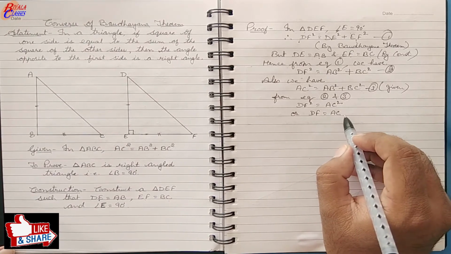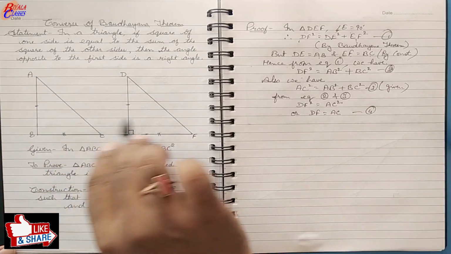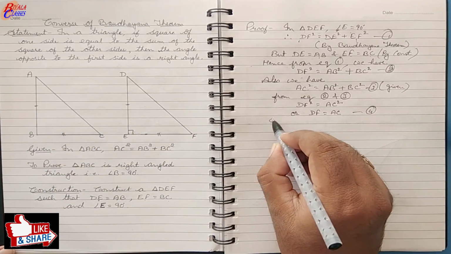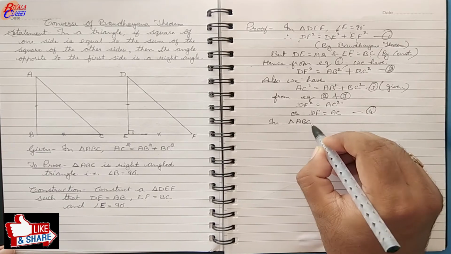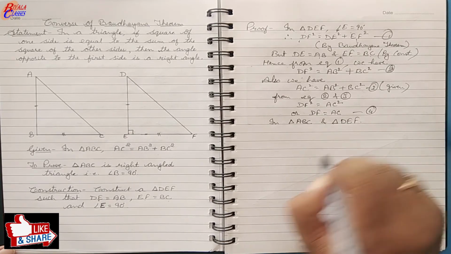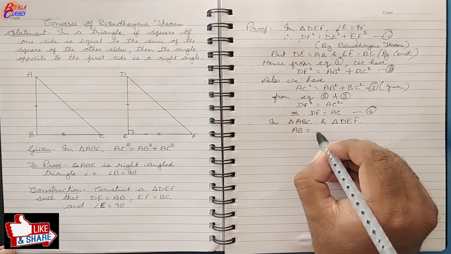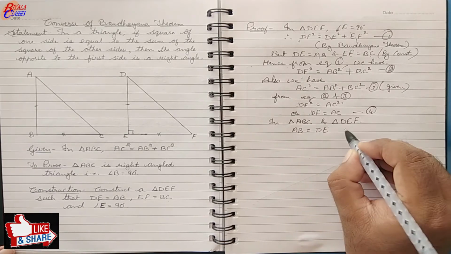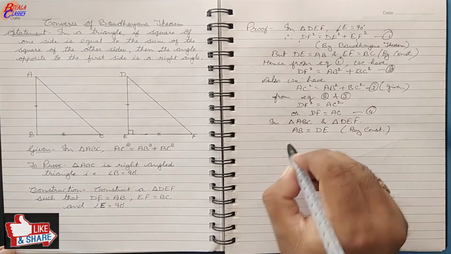Say this is equation number 4. Now take these two triangles, triangle ABC and triangle DEF. Here we have AB equals DE. This is by construction.